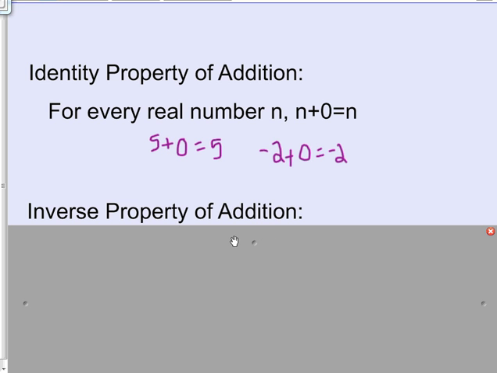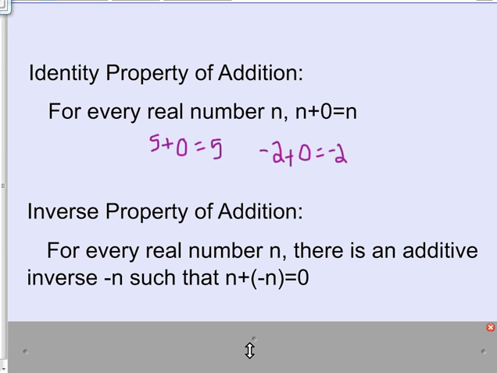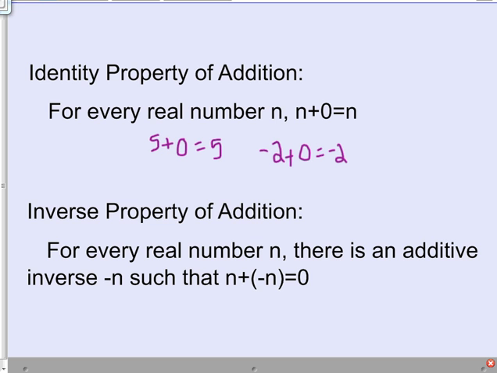When you're thinking about the inverse property of addition, the main word here is inverse, which means the opposite oftentimes. So for every real number n, there is an additive inverse negative n, such that n plus negative n equals 0.